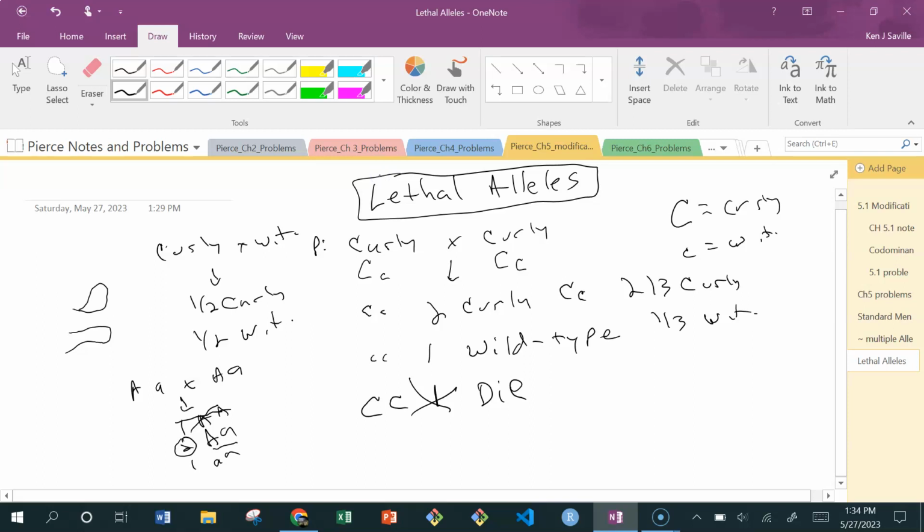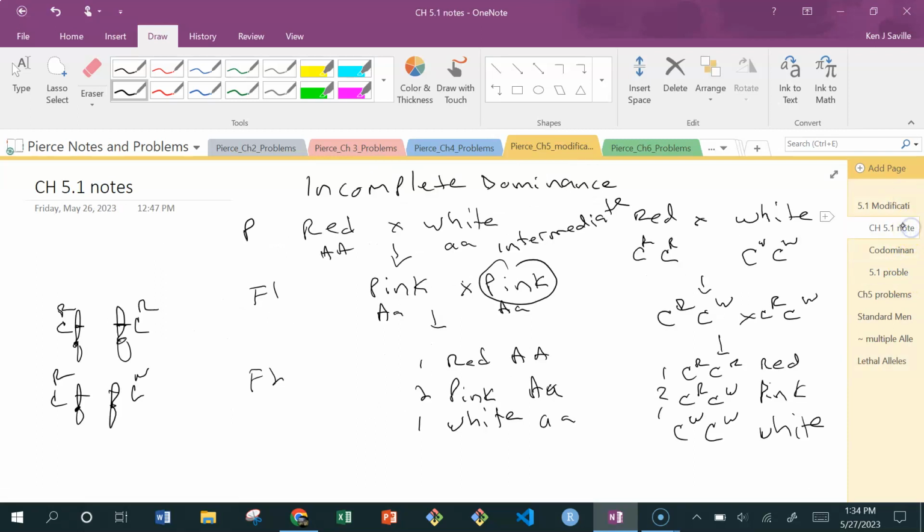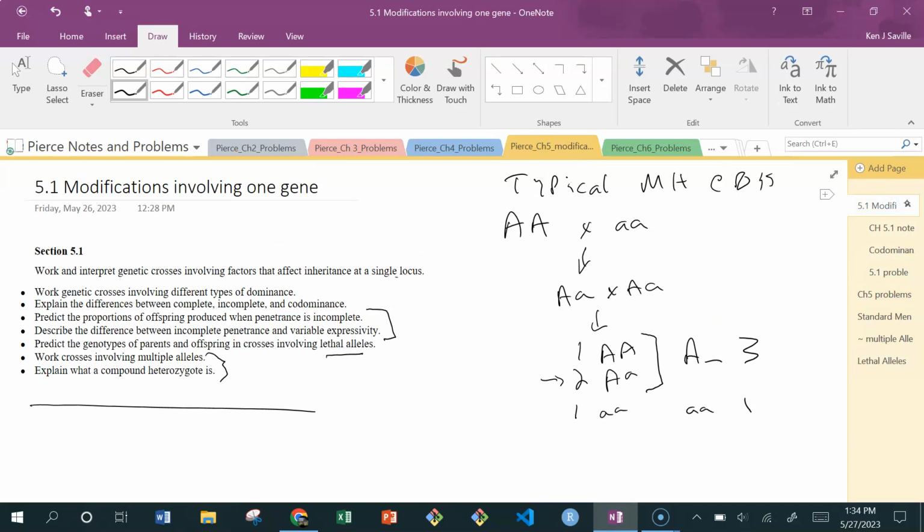So the other couple of things that we need to talk about, let's look up here and see what our list was. We talked about incomplete dominance, codominance. Complete dominance just means normal Mendelian, one thing dominant to the other. We haven't talked about penetrance and expressivity yet.